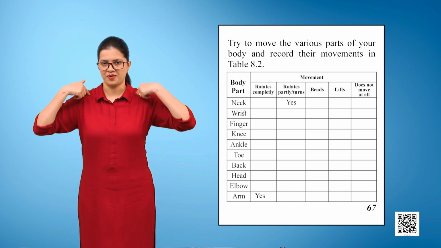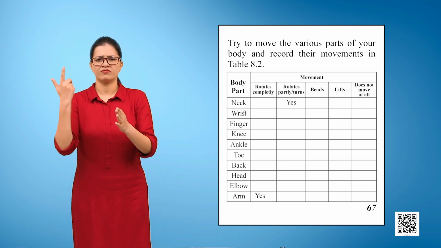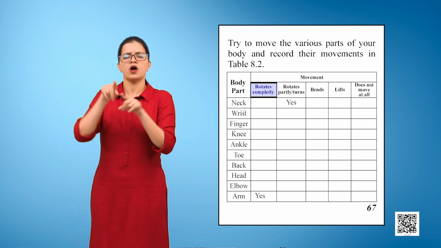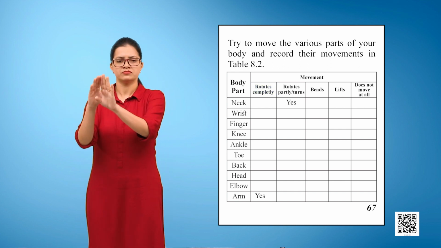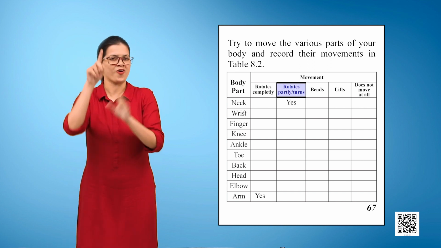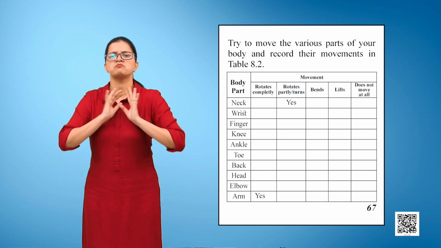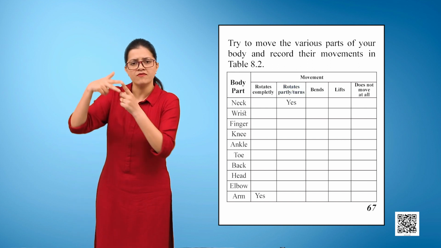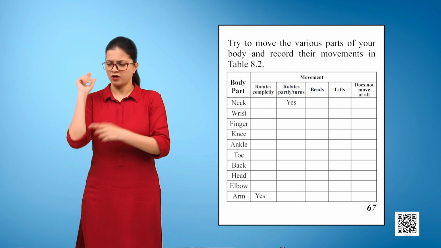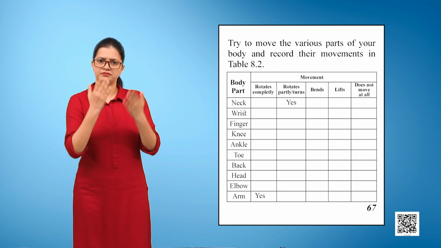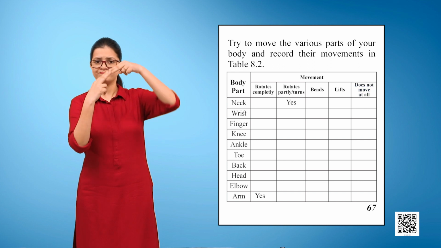Column movement is subdivided into 5 categories: rotates completely, rotates partly, or turns, bends, lifts, does not move at all.